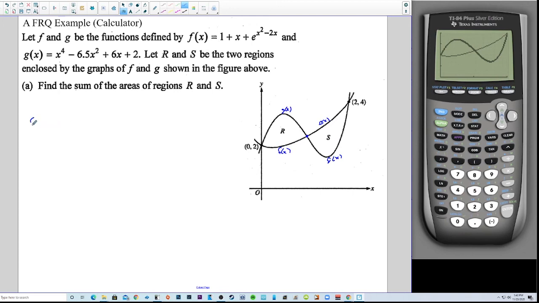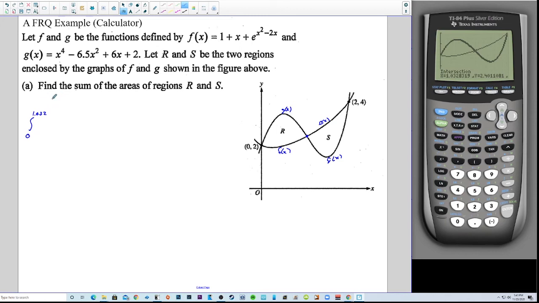So we want to integrate from 0 to this intersection point. Let's find that. Calculate intersection, enter, right there roughly. 1.032.